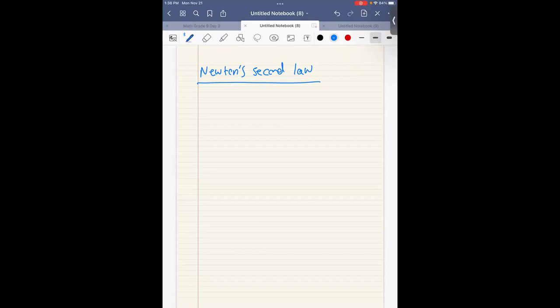The second concept is that the acceleration, let me just write it down. So the acceleration is proportional to the net force. F is net force. The second concept is that the acceleration is proportional to the inverse of the mass of a body.